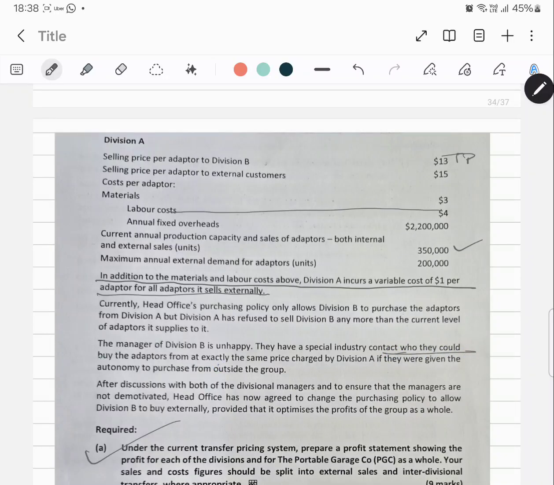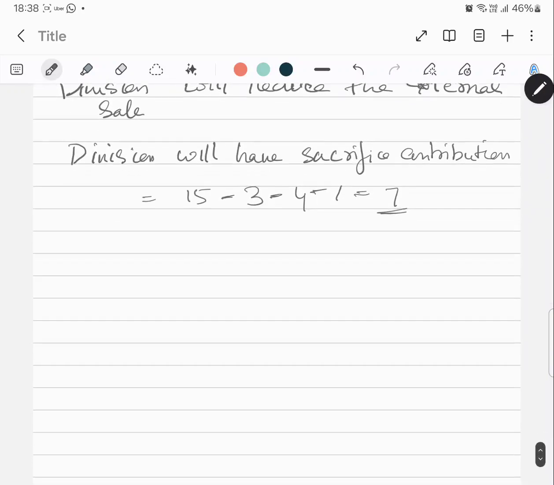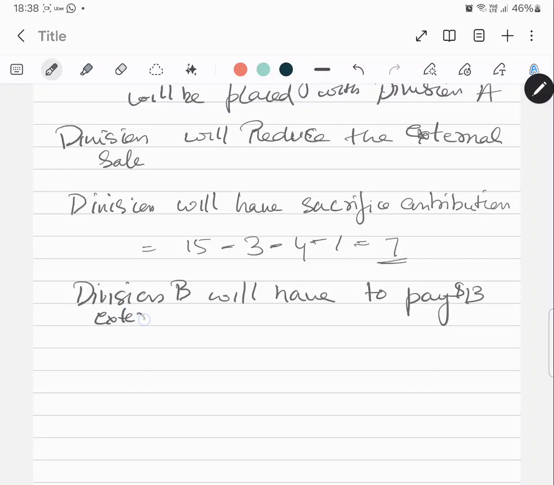See, over here the information is given that the external price, that is what I wanted to find, the external purchase price. Now if we come into division B, division B will have to pay how much? 13, the external price, right? It will have to pay external price.